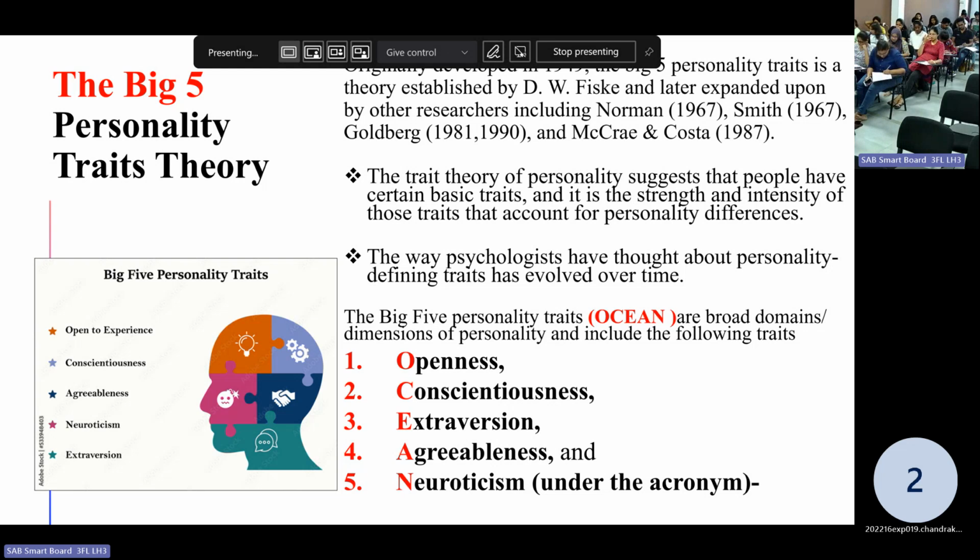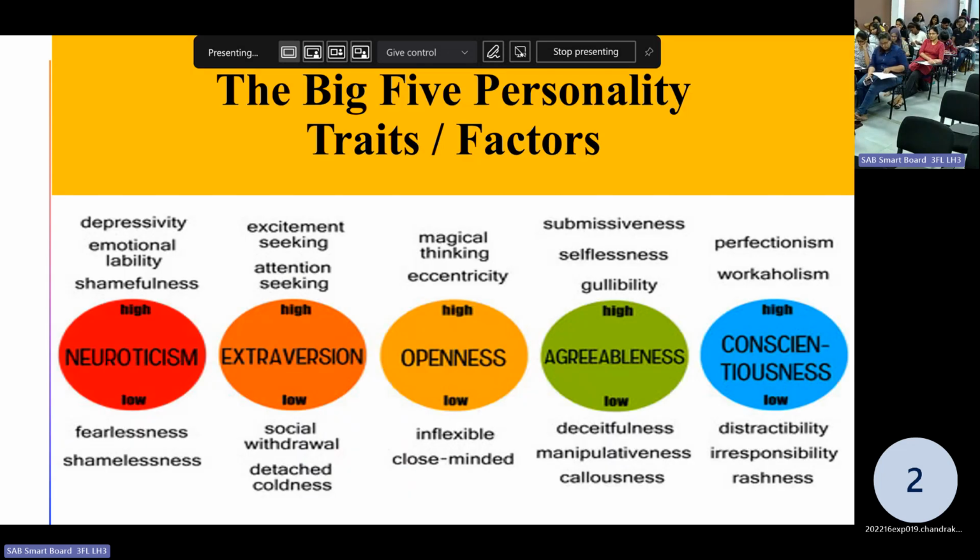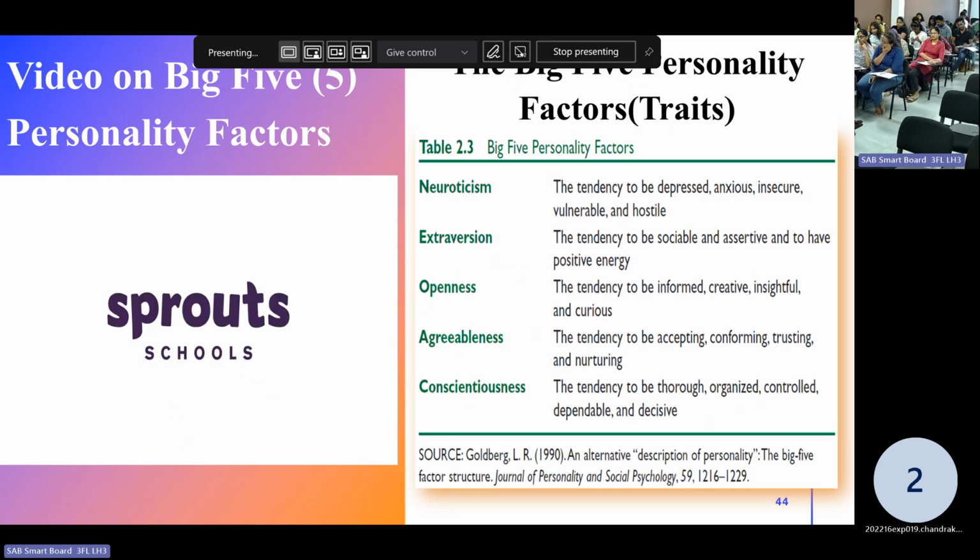I have given in detail what those are here. Neuroticism is fearlessness, shamelessness, social withdrawal; extraversion; detached and inflexible, closed mind; openness. This is called meaningful. So you can read it. I took it exactly from the books, and you can read it in detail in your book.